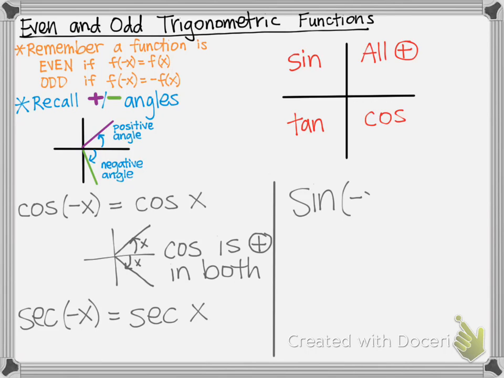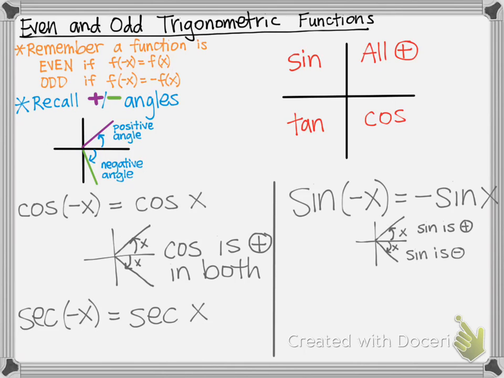If we consider sine, well, this is going to be negative sine of x. And let's take a look. If I go up here, then sine is positive. But if I go down the same measure, then my sine is negative. So it's going to have the same value, just a different sign.